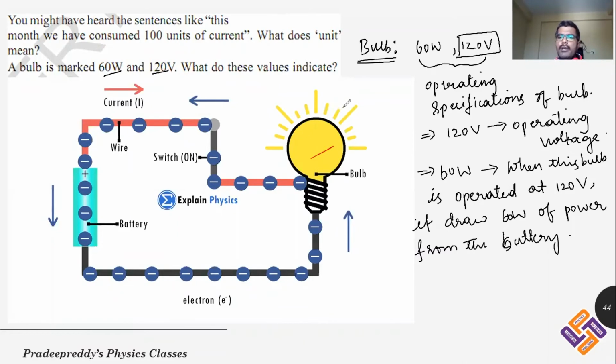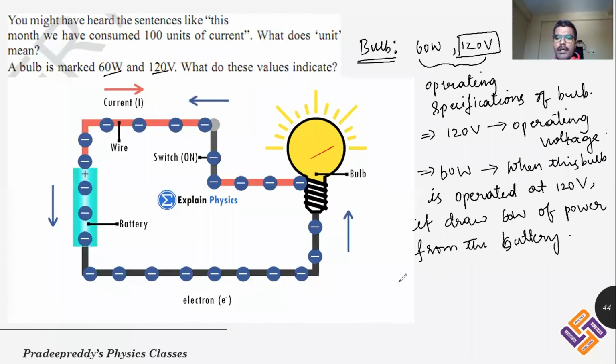But if the operating voltage is exceeded by the applied voltage, in such cases, more current is drawn through that particular circuit. As a result, more heat is generated, and that bulb will burn because of such high heat generated in the circuit.